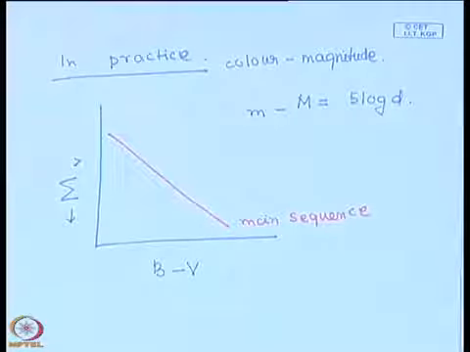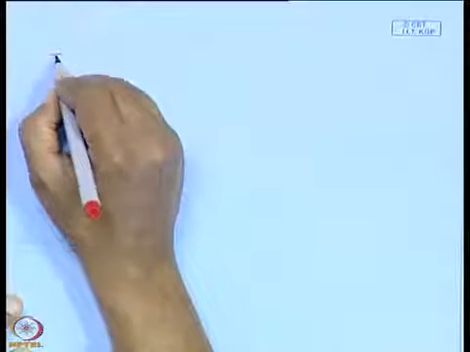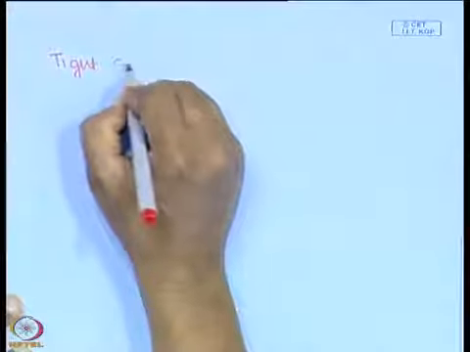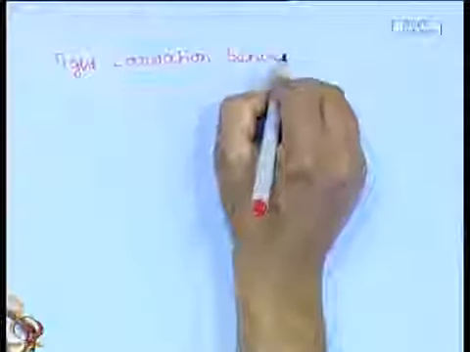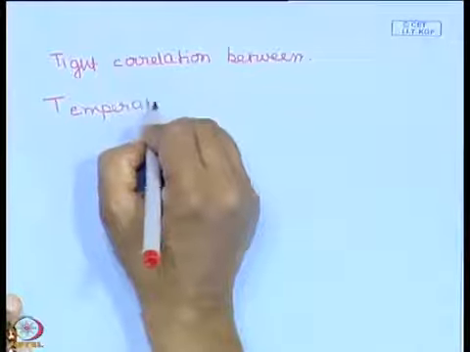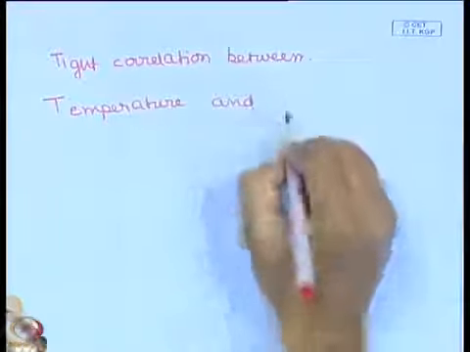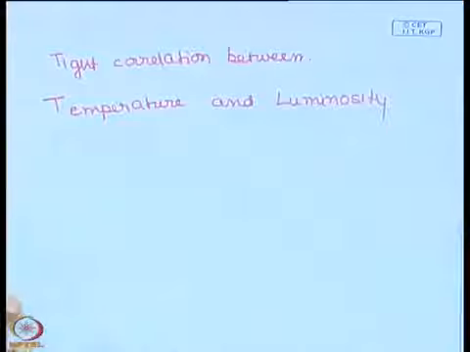Okay. Now, what it tells us is that there is a tight correlation between the temperature and luminosity of a star.